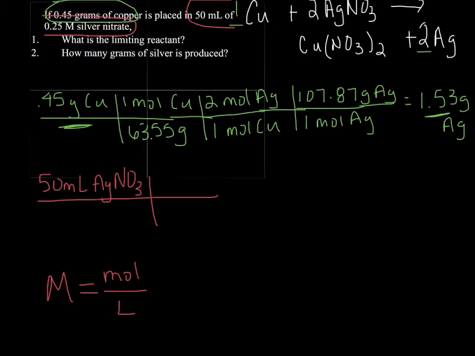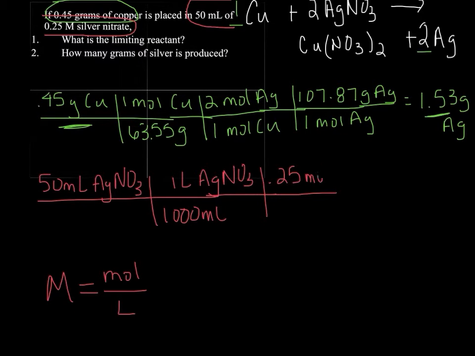Notice that I'm starting with milliliters though, so my first step is to convert my milliliters to liters. I know that 1,000 milliliters is equivalent to 1 liter of silver nitrate. So now I can plug in my 0.25 molar, because it's 0.25 moles for every 1 liter of silver nitrate. Notice how my liters cancel out quite nicely now.